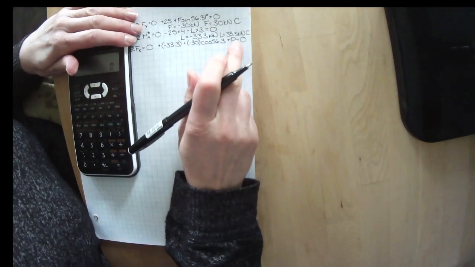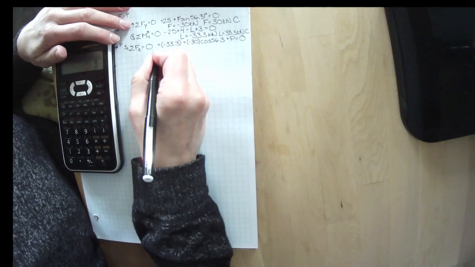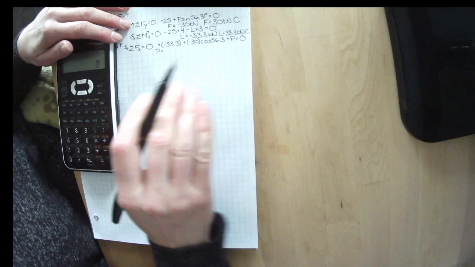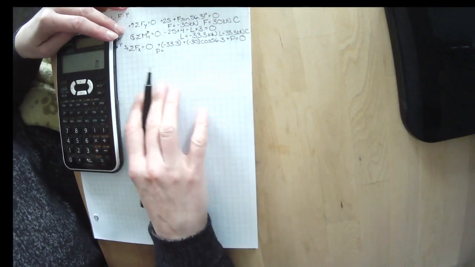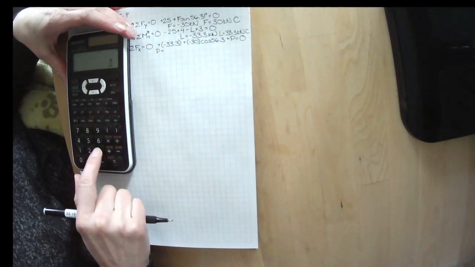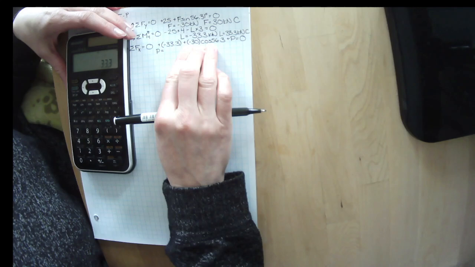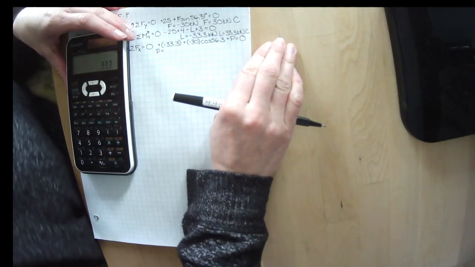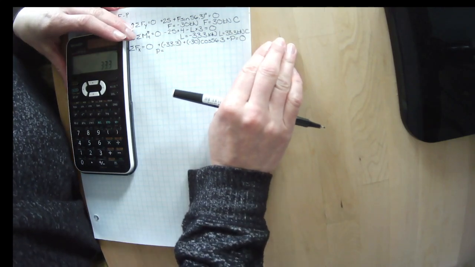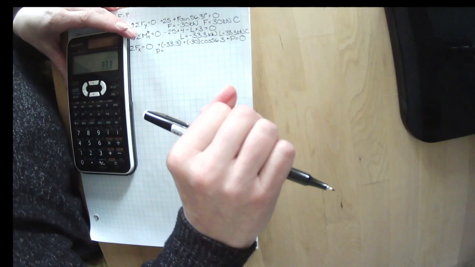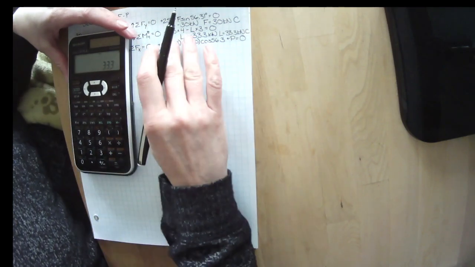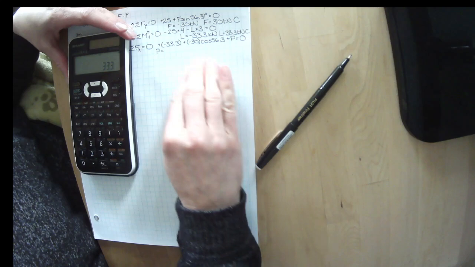We can rearrange this and solve for P. P equals, we're going to bring our minus 33.3 over to this side. So we've got 33.3. This is a negative, and we're going to add that over, it becomes positive.